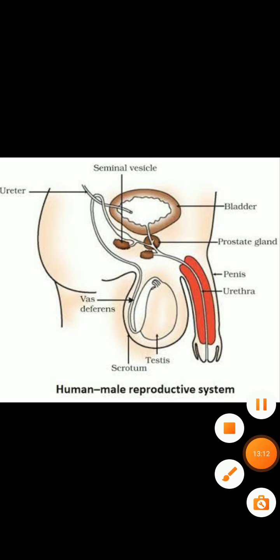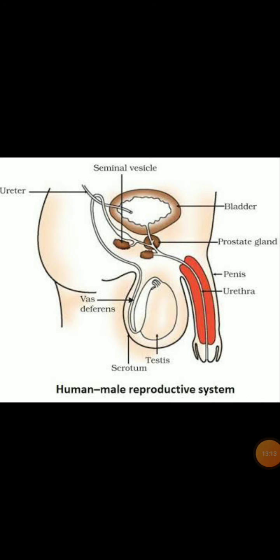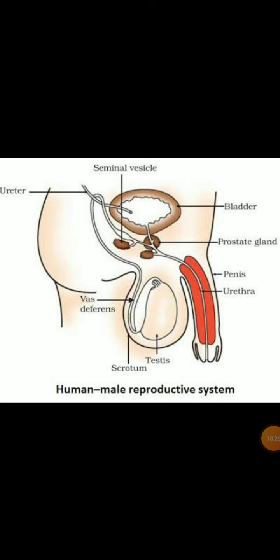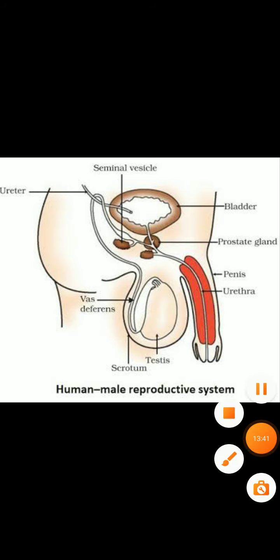Also, because of this fluid, it is easy for the sperms to move. Why? Because the secretion by the glands helps the sperms to be in a fluid, and that is why the sperms can move easily.